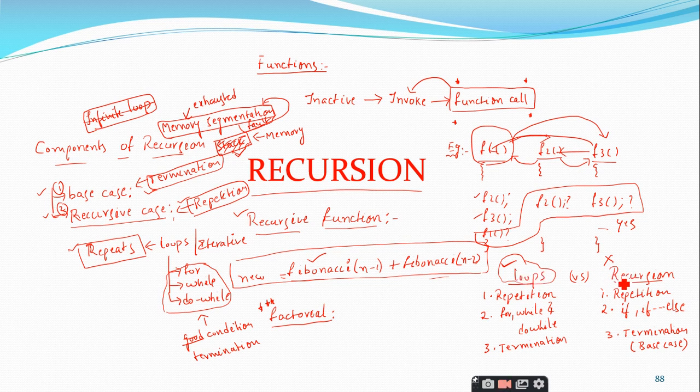Why? Because recursion involves a lot of overhead. Overhead means it is a disadvantage. This is the overhead that is involved in any function call. I will tell you all these things with a programming example. So if a function calls itself, that means it is involving a function call.